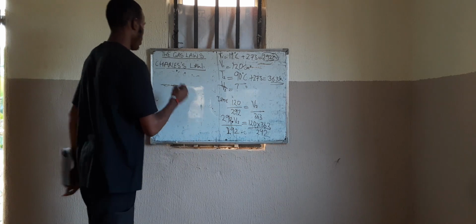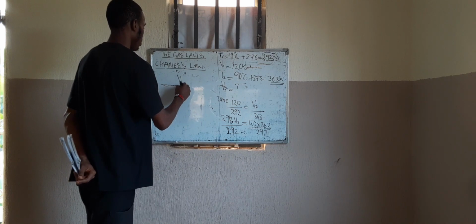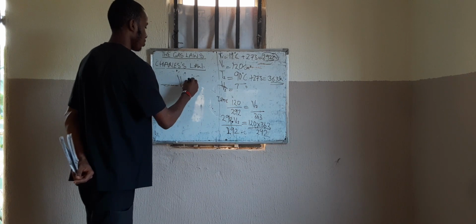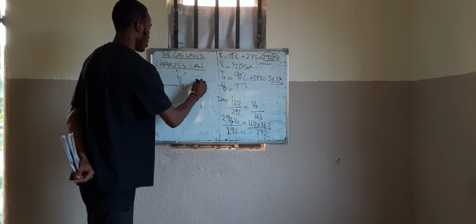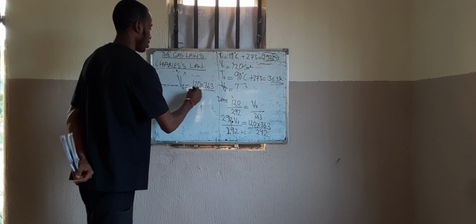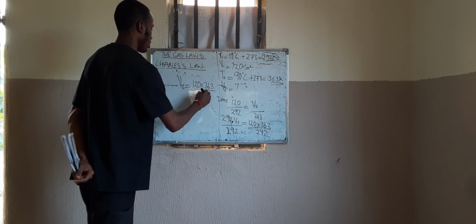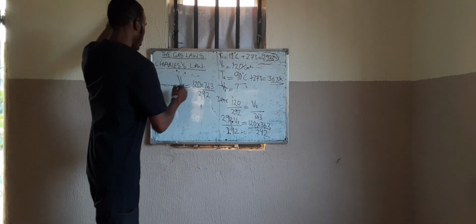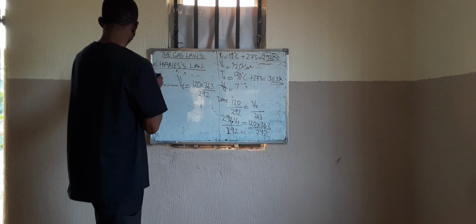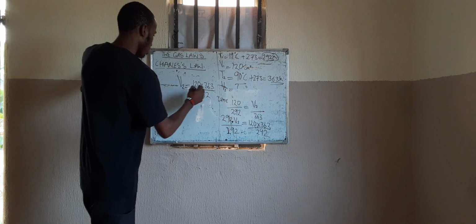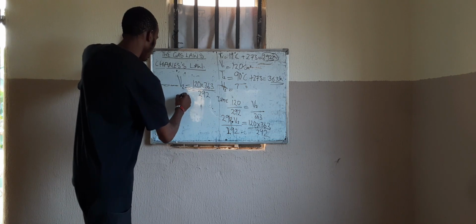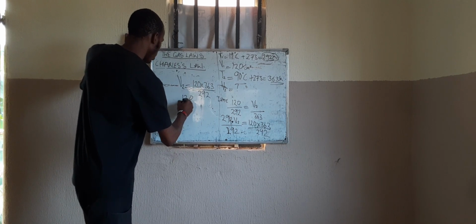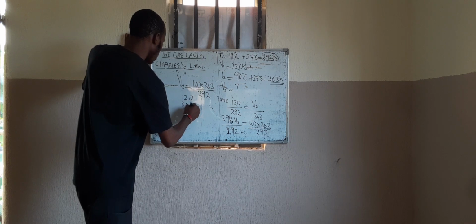We now have V2 equals 120 times 363. Can you see that? So 363 times 120. Let's use long multiplication.